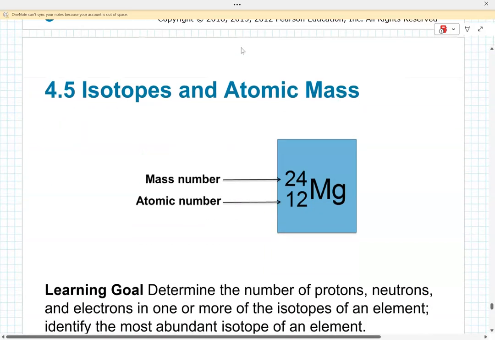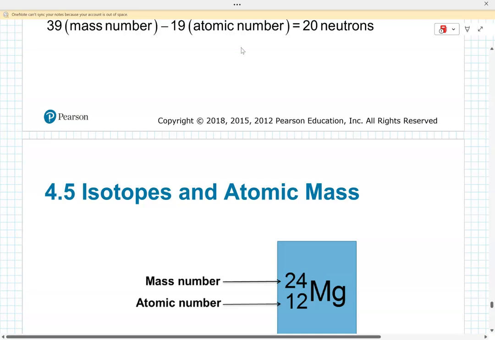Oh, this is one of my favorites. Before we get to isotopes, let me ask you a question. I will take an atom of phosphorus, P. How many protons is its nucleus going to have?